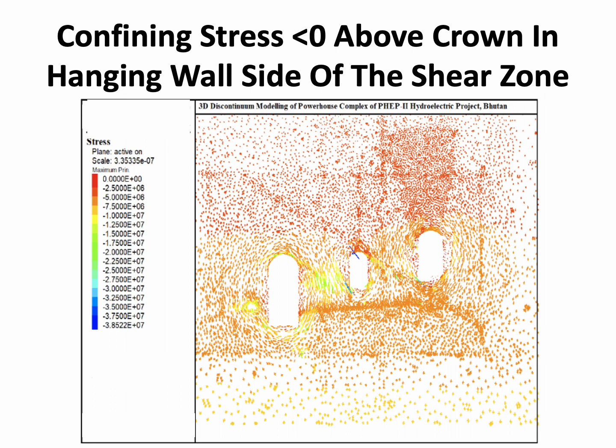And in that analysis done by NIRM, it is seen that the confining stresses are becoming less than zero above the crown in the hanging wall side of the shear zone. In the hanging wall side of the shear zone, this area above the crown in the Downstream Surge Gallery, the confining stresses have become less than zero.